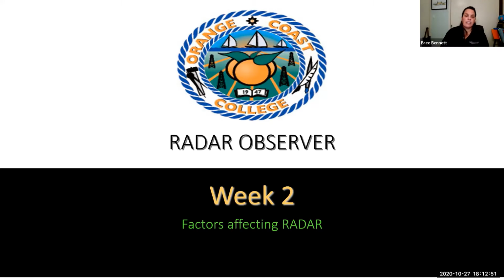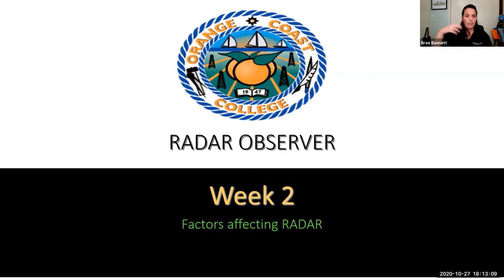So we're going to be talking about factors affecting our radar. Last week we discussed how the radar essentially works. These are all going to be things that help us interpret what we're looking at on the radar screen.